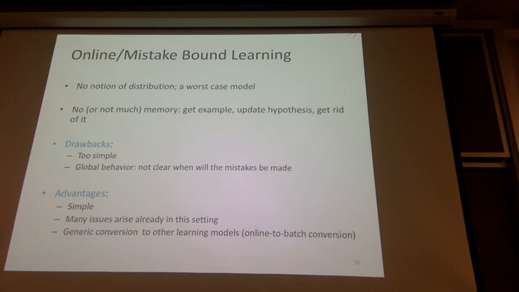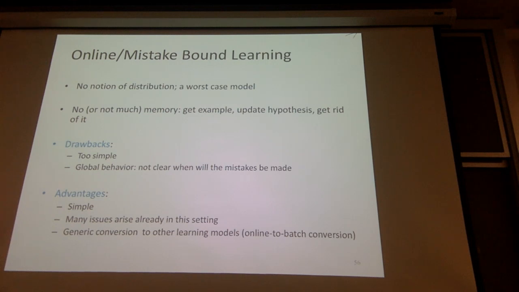Was there a hand? Yes? Let's say you've learned a hypothesis, and then nature or an adversary gives you an example that is disjoint from everything you've learned. Do you throw away your hypothesis and form a new one? Or you need to update your hypothesis, and that's really the internals of the learning algorithm.